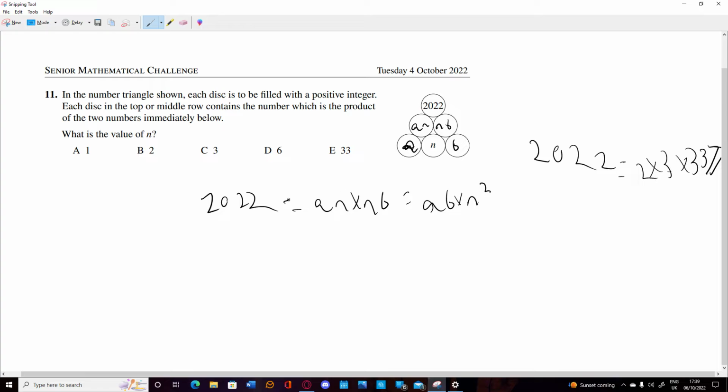What you notice here is that 2022 only has 3 prime factors, or 4 factors technically if you count the 1.